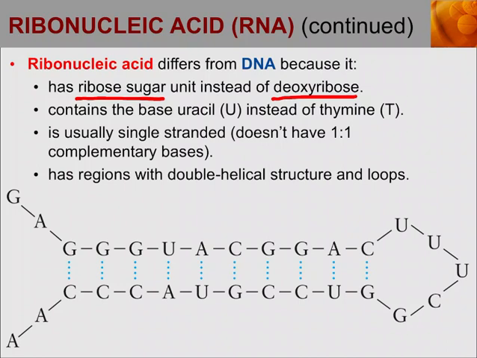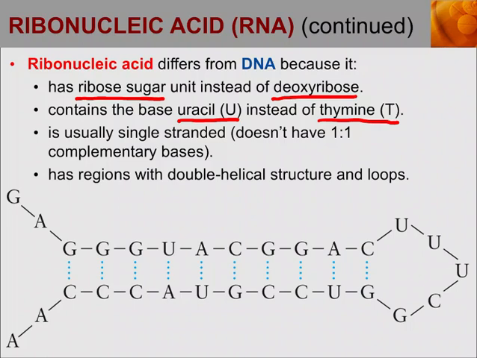It also uses the nucleotide base uracil instead of thymine. And beyond that, RNA usually only has one strand that wraps in on itself, similar to how a protein might form a beta sheet, for example. So DNA has 2 strands, but RNA often only has 1 strand.